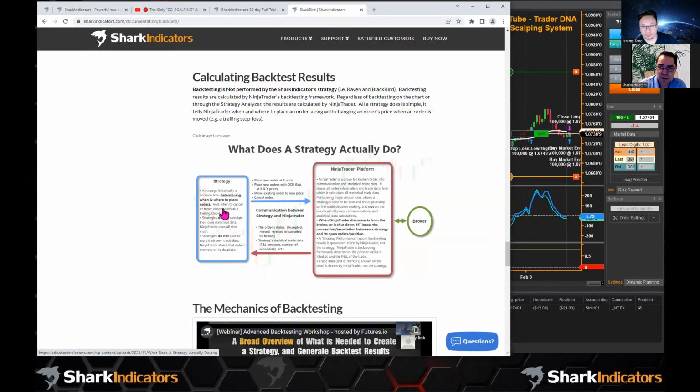It shows the various players your orders have to pass through before it actually gets to the exchange, and then all those players it has to pass through to get back to you. So you've got to realize there's this long communication path that your order has to go through to get from Blackbird, or any NinjaTrader strategy, all the way to the exchange.